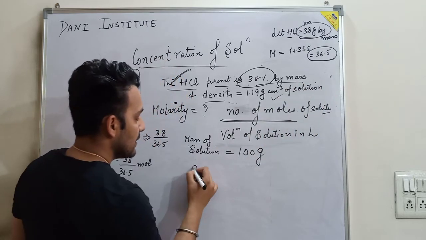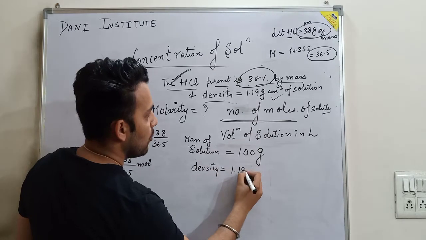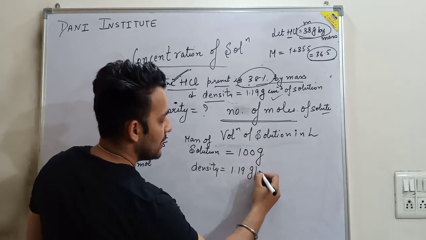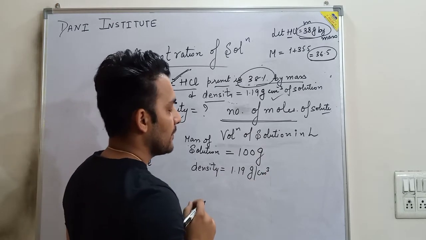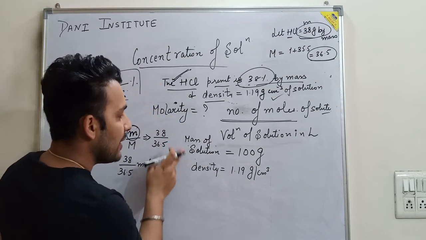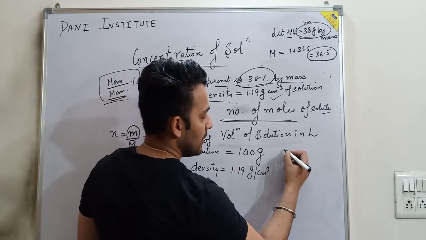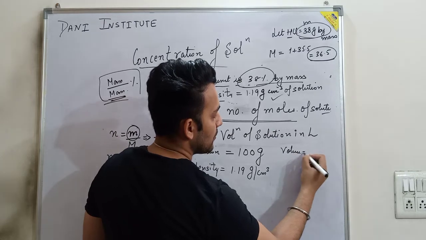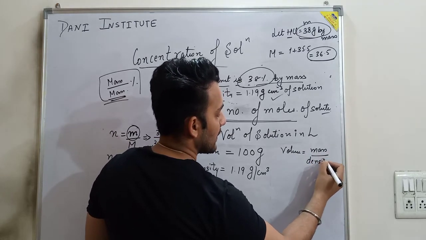What is density? Density is 1.19 gram per centimeter cube. Now from here we can find the volume, because we know the formula density is equal to mass by volume, and volume is equal to mass by density.